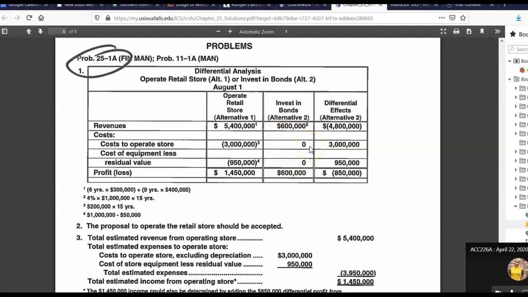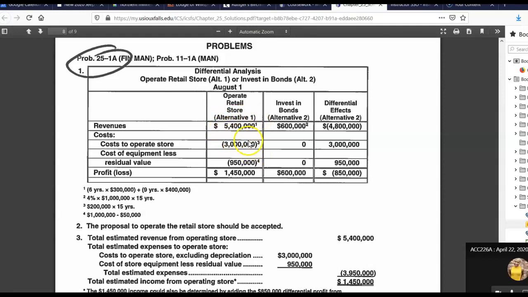As far as the retail store is concerned, it says for years 1 through 6, they would make $300,000 a year. Years 7 through 15, it's $400,000 a year. So we're looking at a total of $5.4 million in revenue.